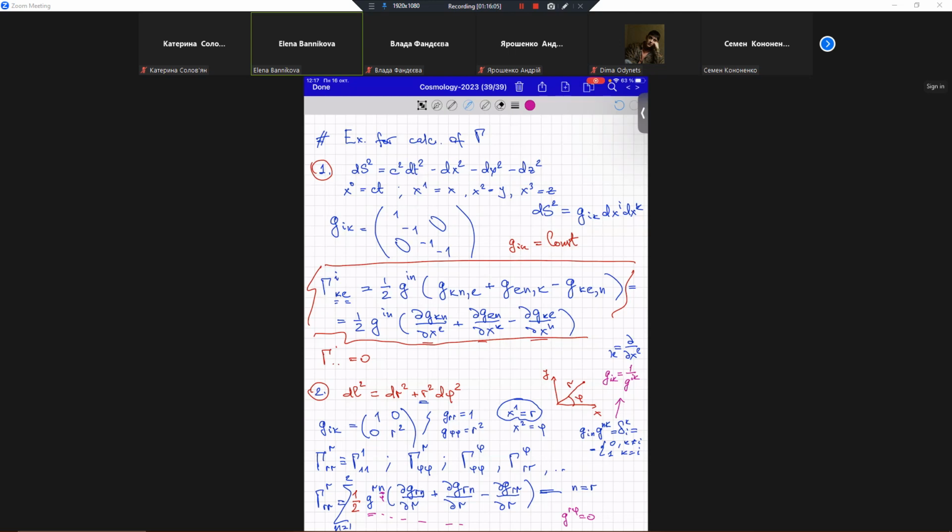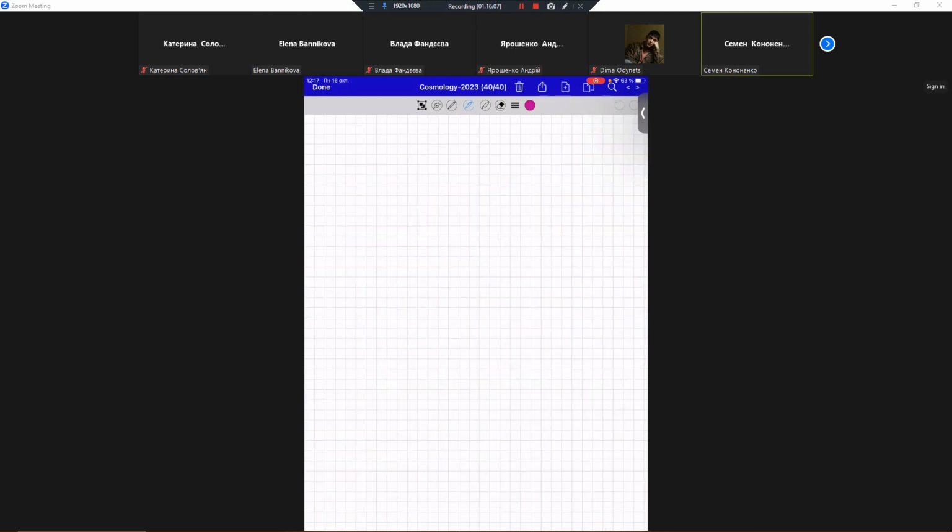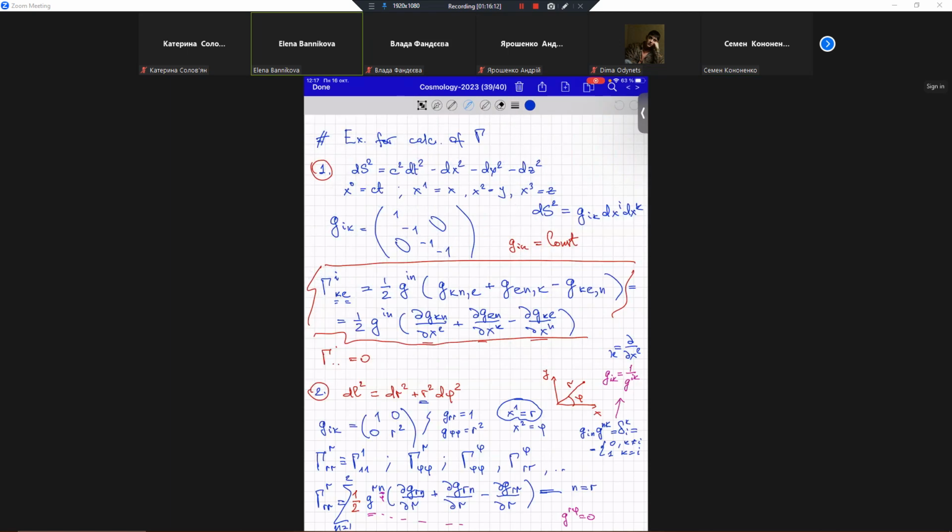And here I can write that it also equals 0. Because if we have n which equals r, we have 1 in G_rr, yes, it will be 0. After that, we have just three constants.